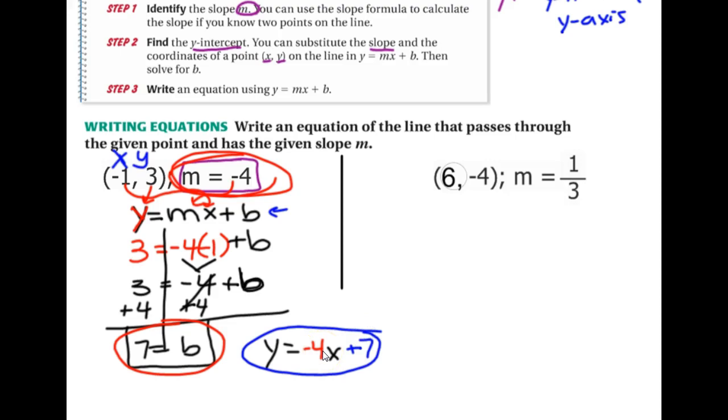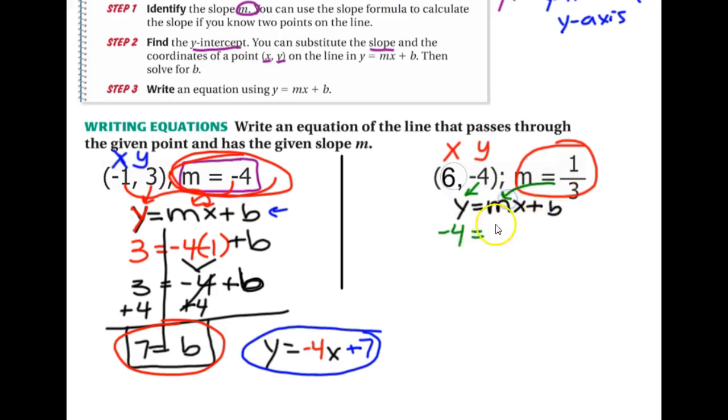Let's try the same thing over here with our next point. We have the point x, y and our slope, which is 1/3. So let's plug everything into the equation y equals mx plus b. So first, y is -4.